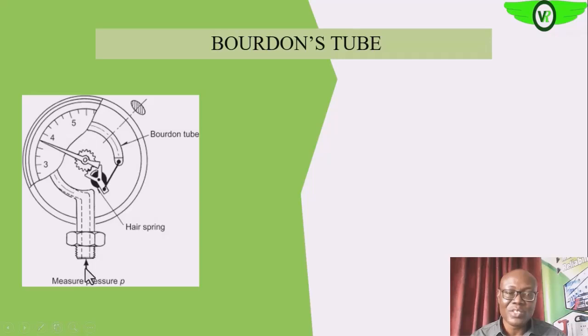Once the pressure is administered into the tube, it has the effect of elongating, stretching this tube. Since it is connected to the spindle, the spindle will move. And this scale has been calibrated to give us the pressure reading responsible for that specific movement on the scale.